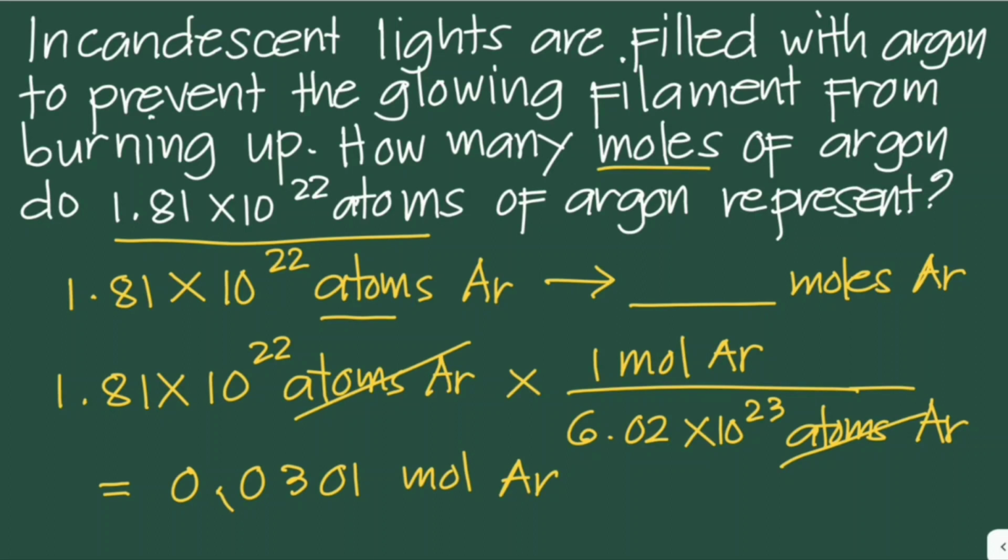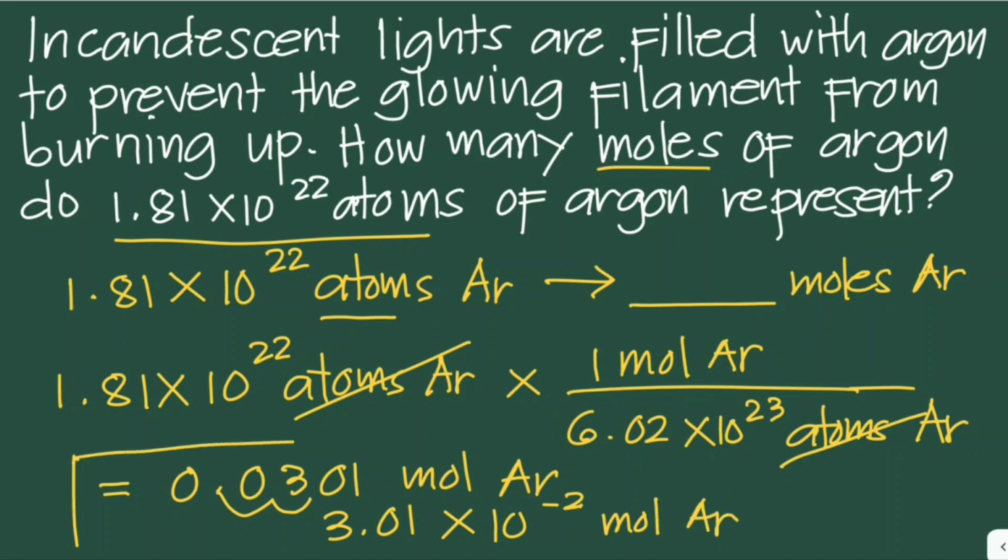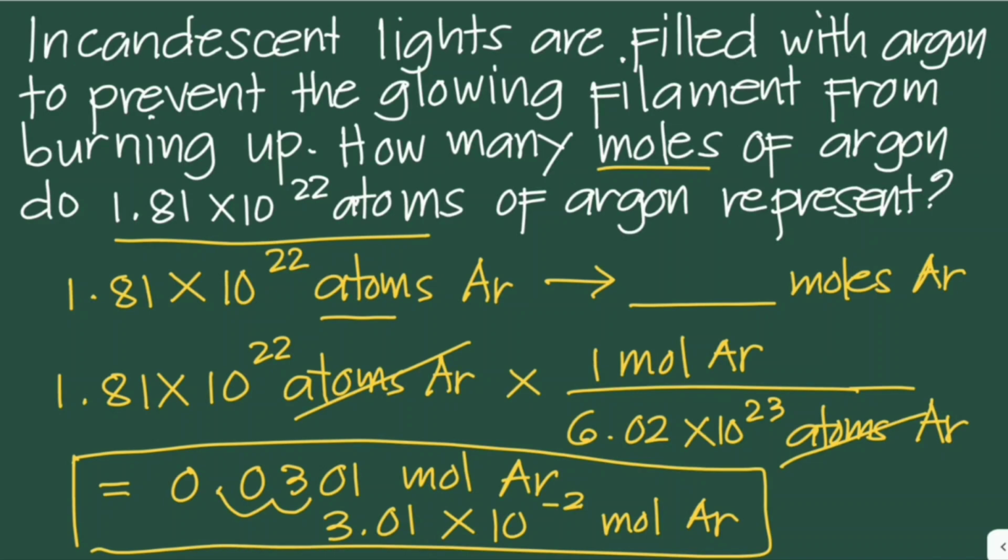It would be 2 decimal places, so we can write this as 3.01 times 10 to the negative 2 mole argon. So this is the answer, the equivalent of 1.81 times 10 to the 22nd atoms of argon.